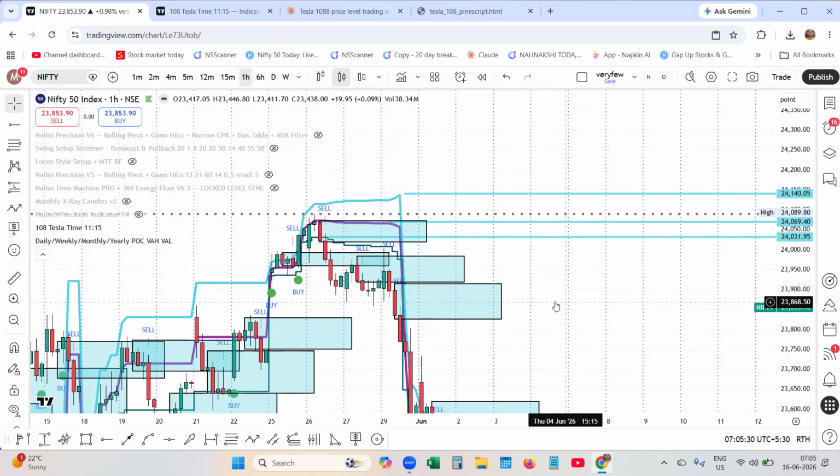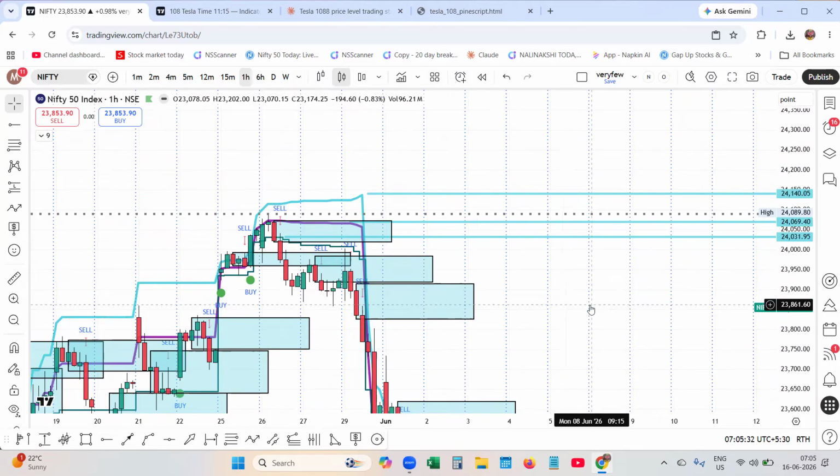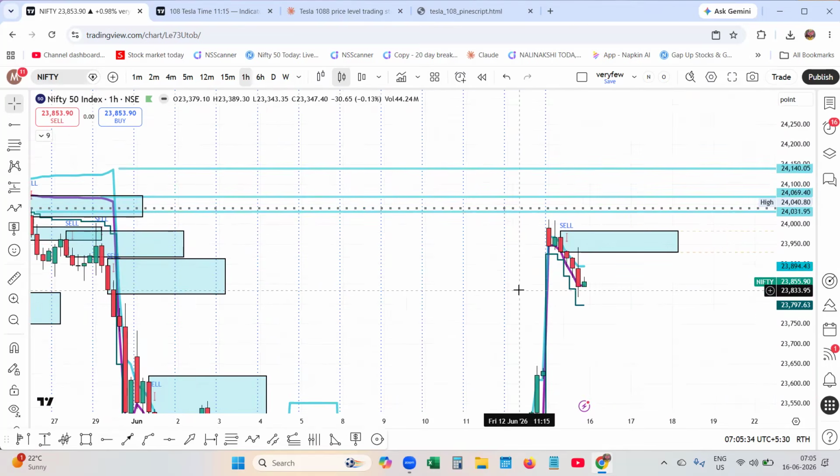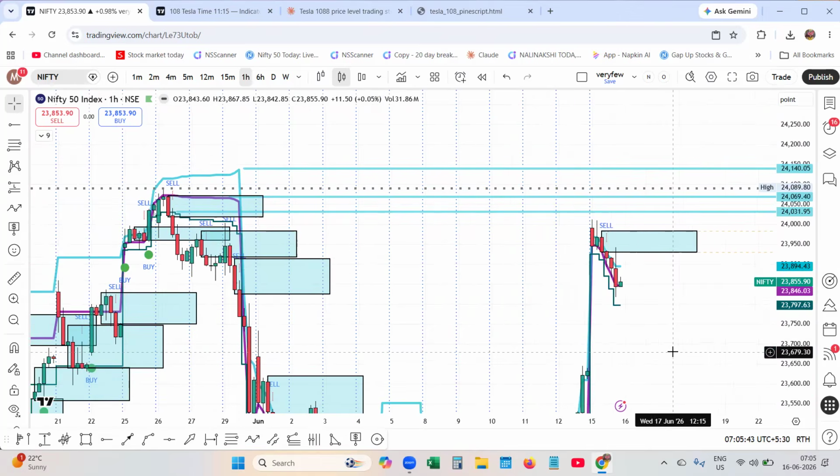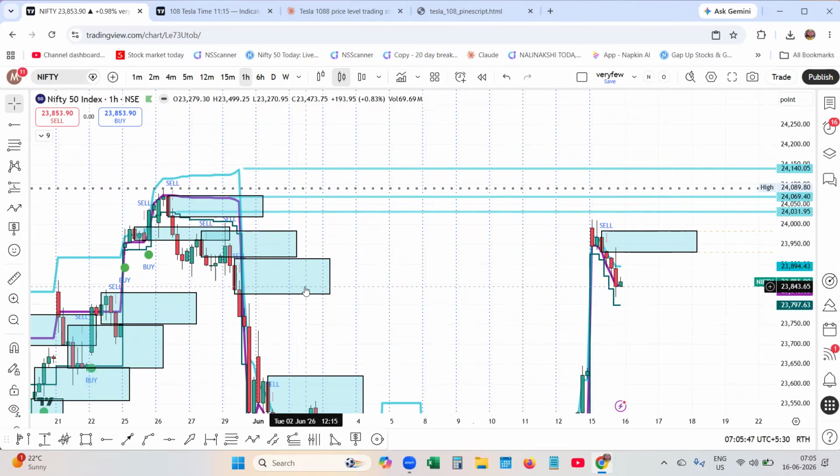See the things. These are the things which are hidden. If you start observing this, you can trade better. Okay, friends, these are the Tesla zones. With the Tesla zones, you can make out, see, they are all stuck together.